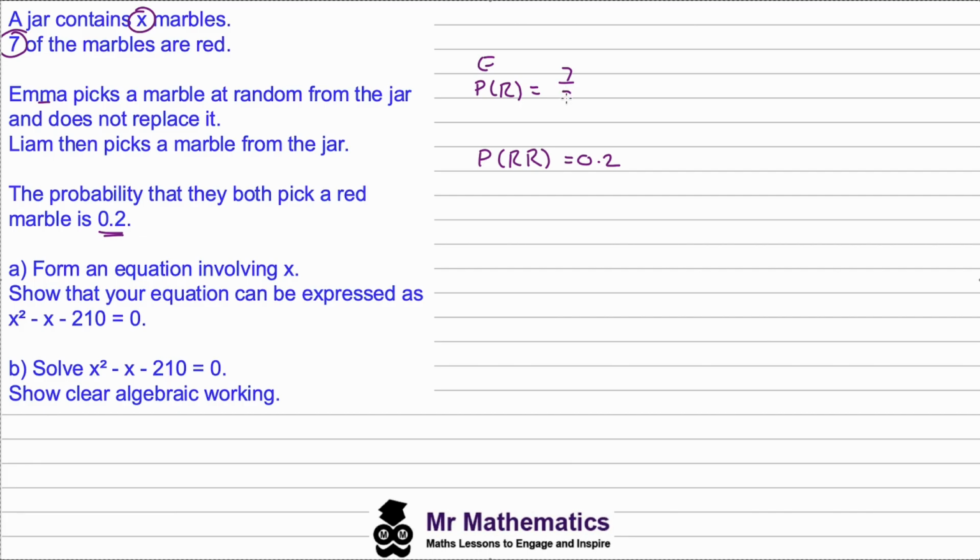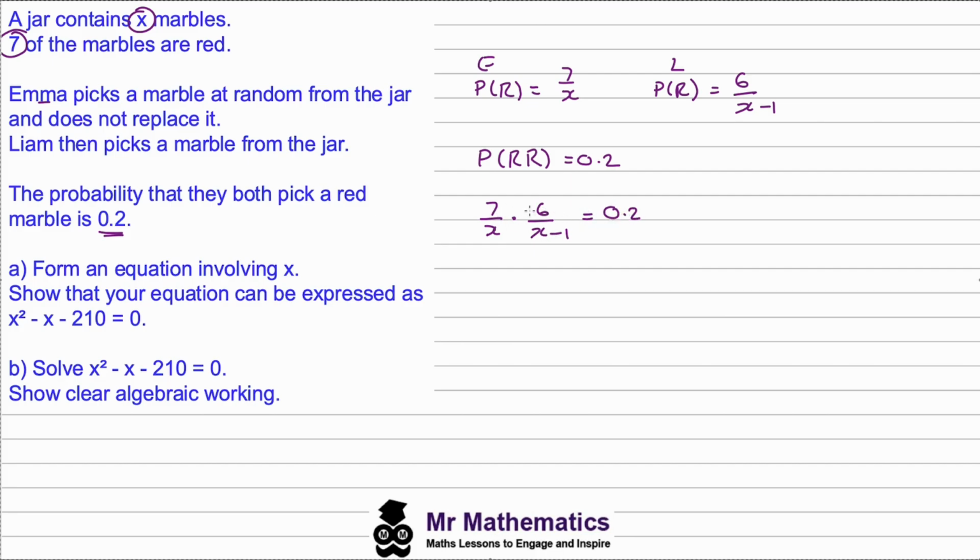So 7 over X. Then the probability of Liam picking a red, well, if Emma picked a red, there'll be 1 less, and there'll be 1 less marble in total as well. So 6 over X minus 1. And because these two events happen one after the other, 7 over X multiplied by 6 over X minus 1, so a red and a red, must equal 0.2.